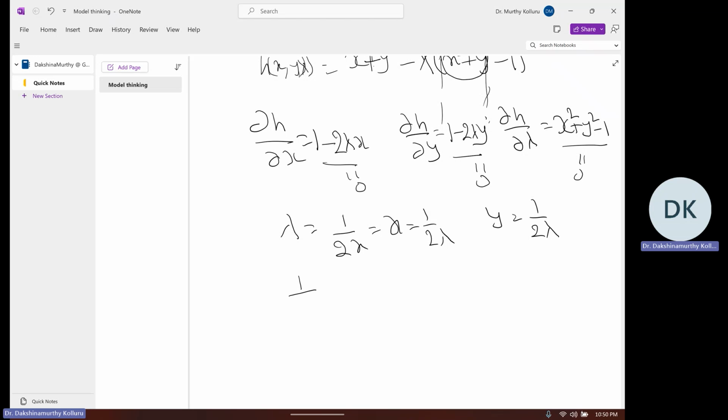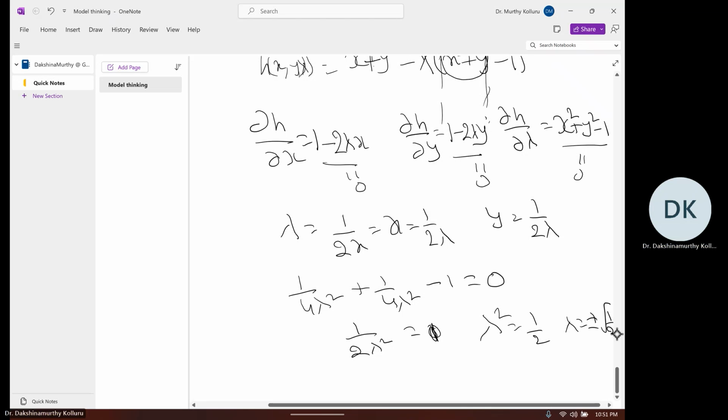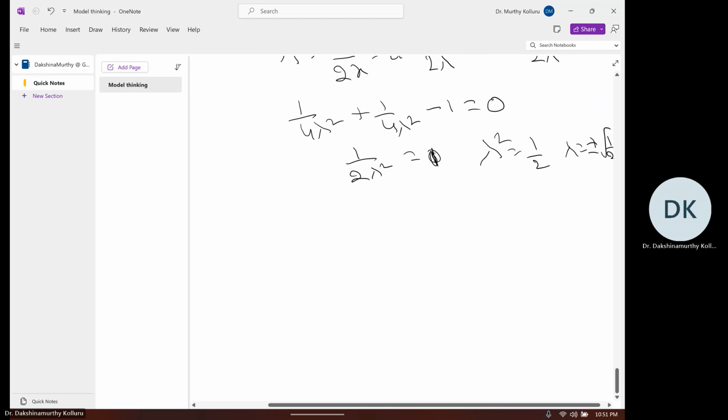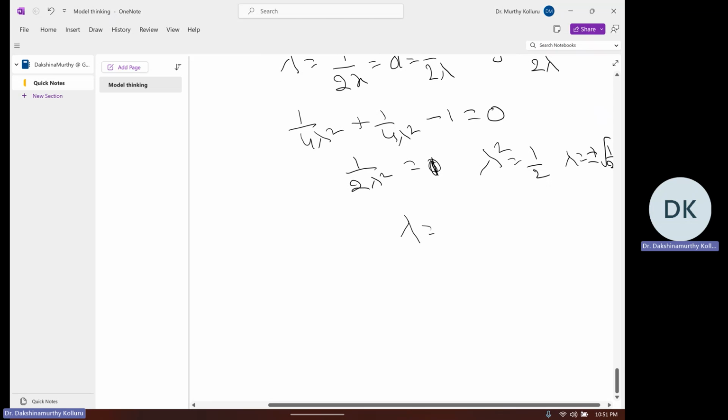So 1 by 4 lambda square plus 1 by 4 lambda square minus 1 is equal to 0. So 1 by 2 lambda square is equal to 1. Lambda square is equal to 1 by 2. Lambda is equal to plus or minus 1 by square root of 2.